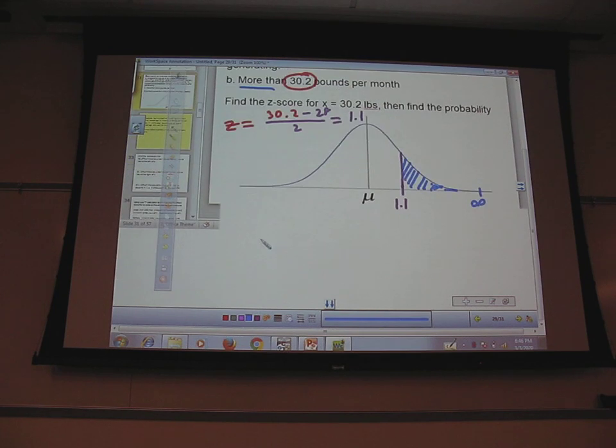So I'm going to do normal CDF of, all right, you guys, everybody find it. If you haven't even got this far, at least do this part. And I'll randomly call on somebody in 30 seconds to give me the answer to this part, what they did.